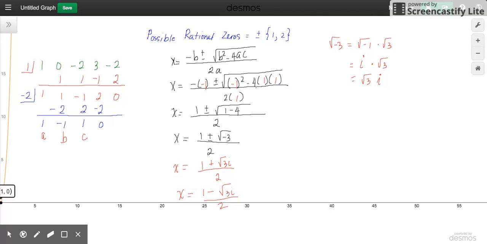These are the two other zeros of the function. And the other two are 1 and negative 2. So we actually have 4 zeros, but 2 of them are rational and the 2 other zeros are imaginary.